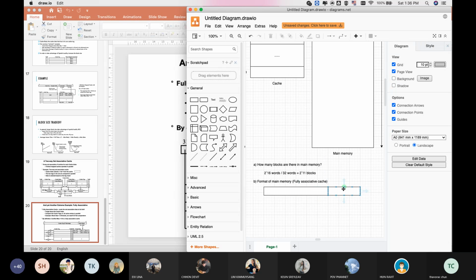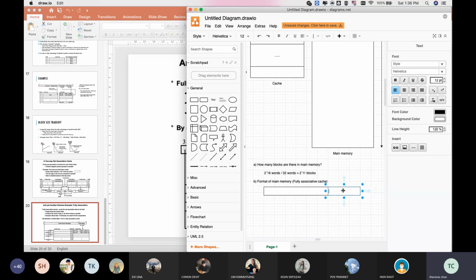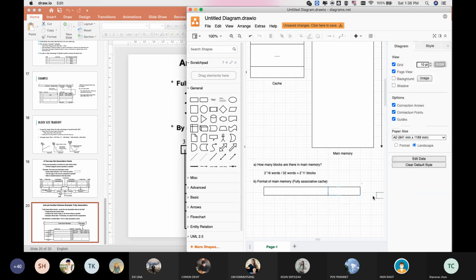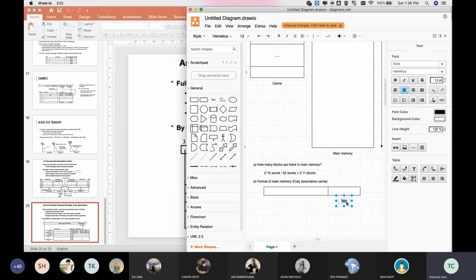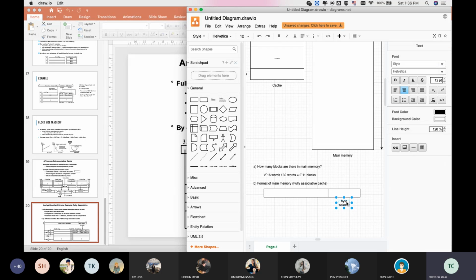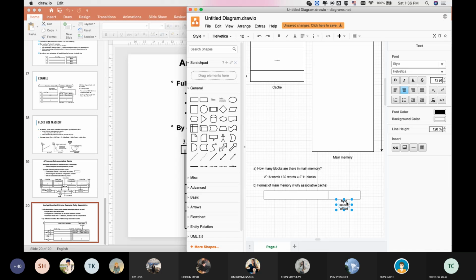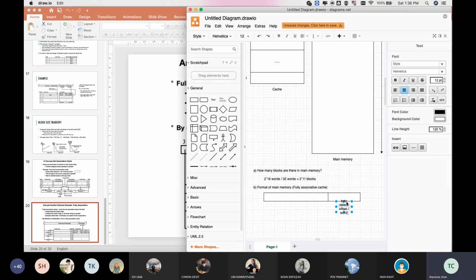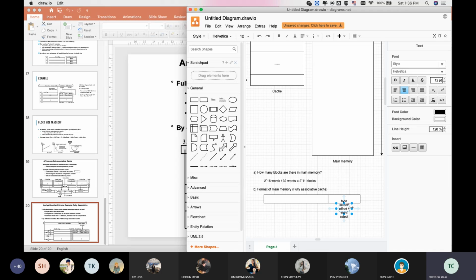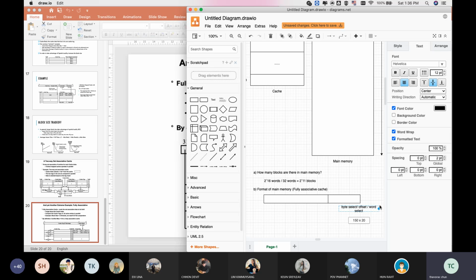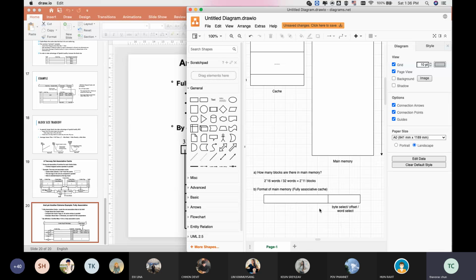You can call it byte select, offset, or word select, whatever you want to call it. There are many names that you can use. Whatever name you call it, how to find it is the same thing.